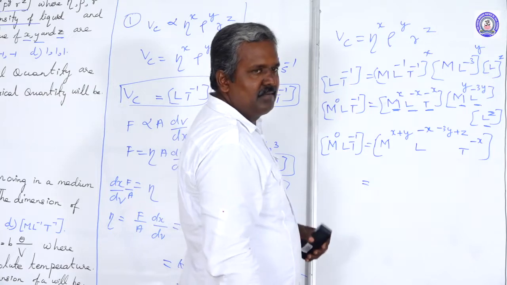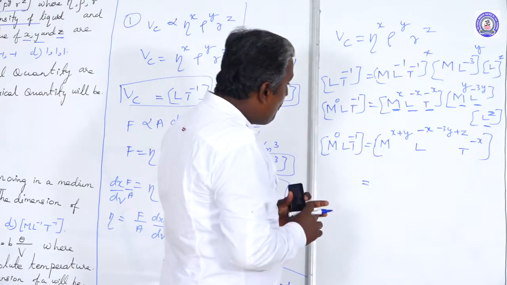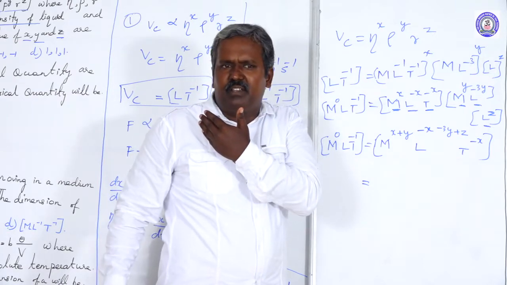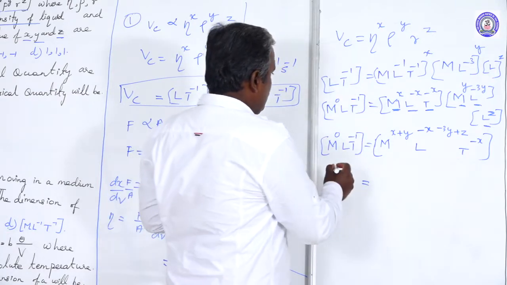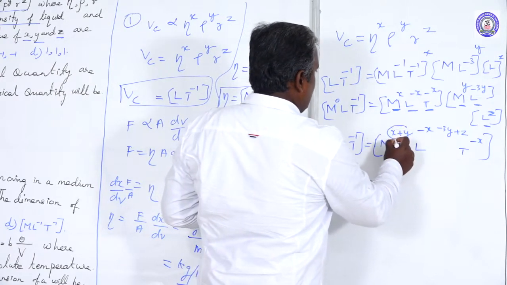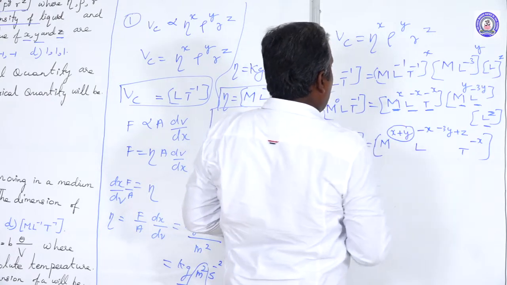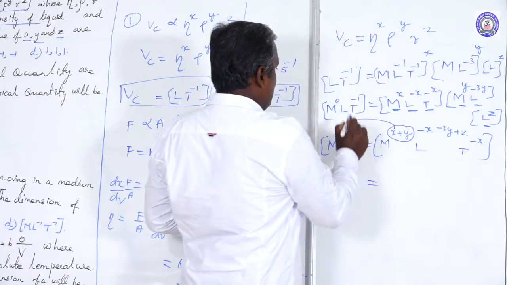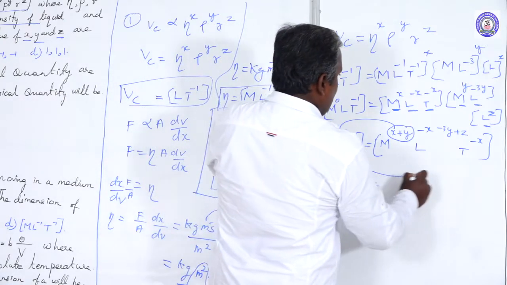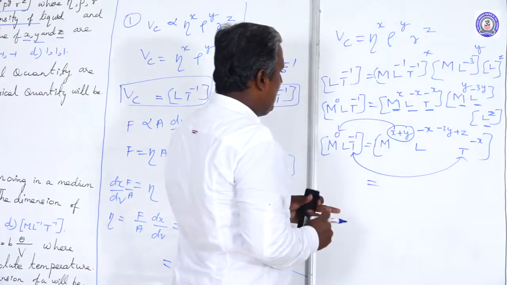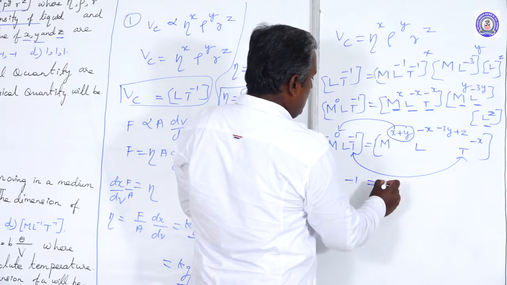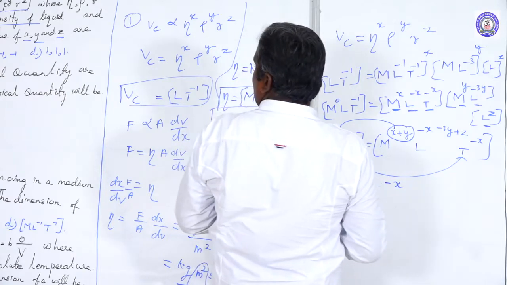Now here, comparing the powers of M, L, T in the same way on both sides. So x plus y is equal to 0, or first we can find out the x value. Clear? Minus 1 is equal to minus x. Am I correct or not?